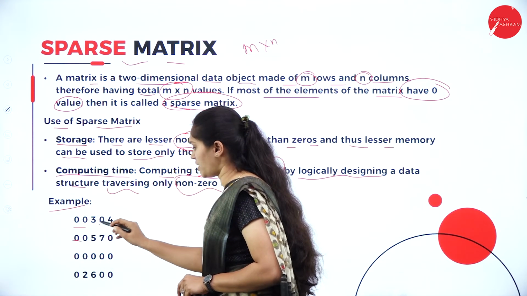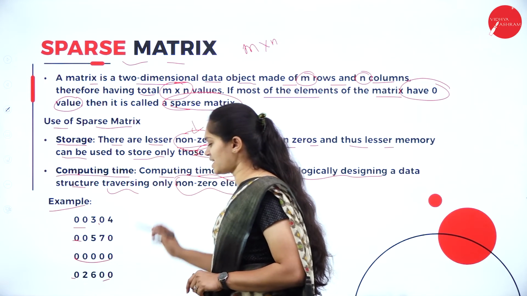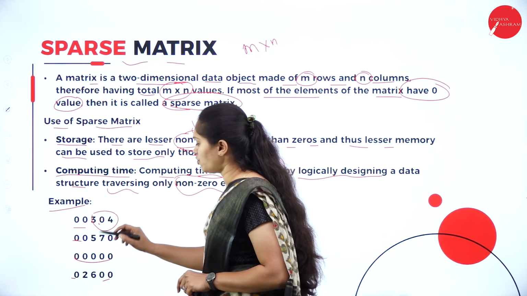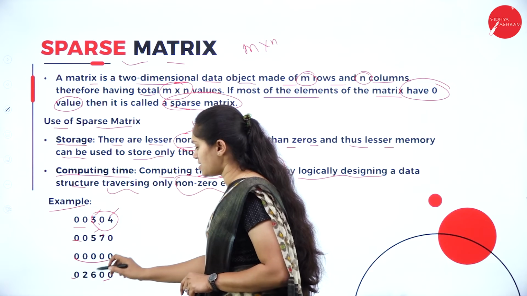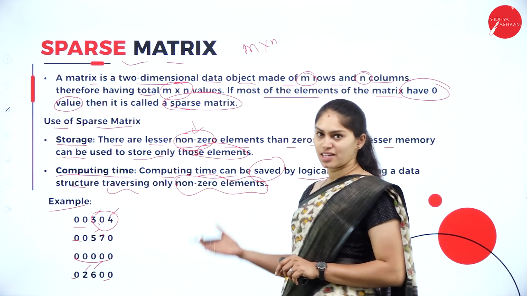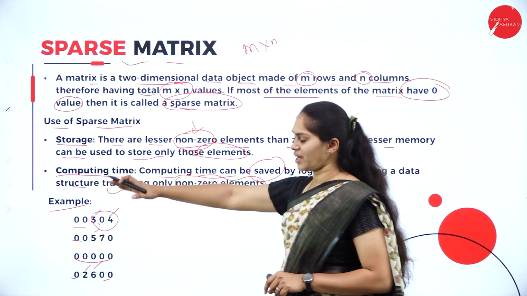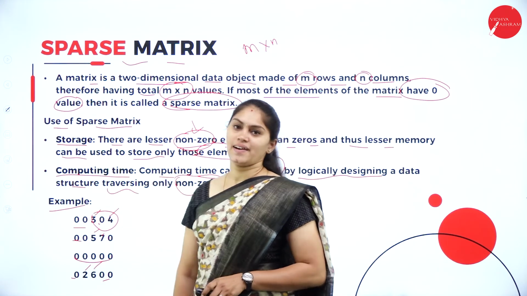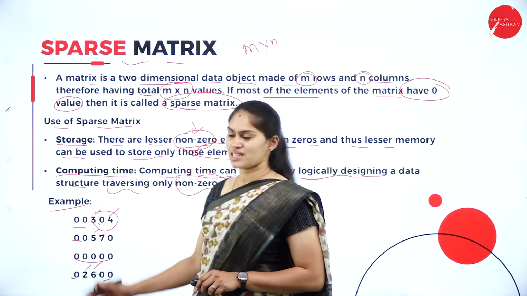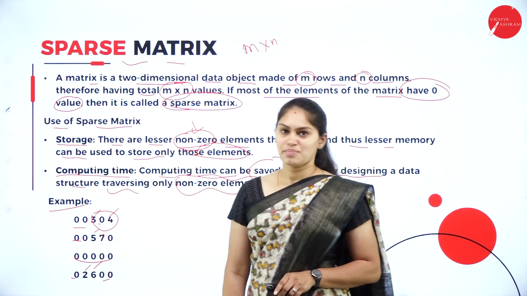We have many zeros. Instead of focusing on those zeros, we just need to focus only on the non-zero elements. That makes computing time lesser and it will require lesser storage space. This is what you need to learn about the sparse matrix.